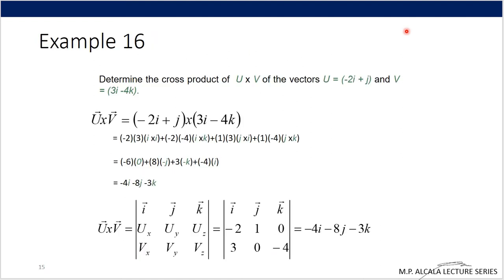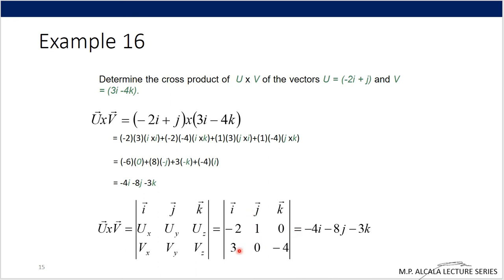The cross product U cross V of the vectors U, negative 2i hat plus j hat, and V, 3i hat minus 4k hat. U cross V is simply the following. You can write it in this form: negative 2, 1, 0 for U and 3, 0, negative 4 for V. Cross multiplying, 1 times negative 4 will be negative 4i hat.